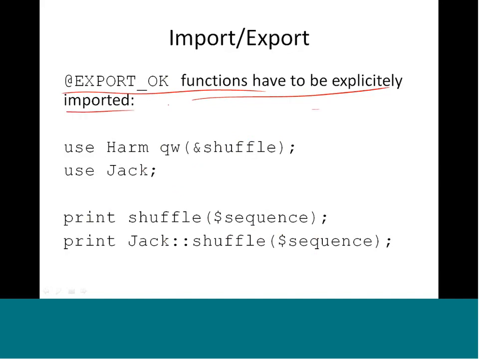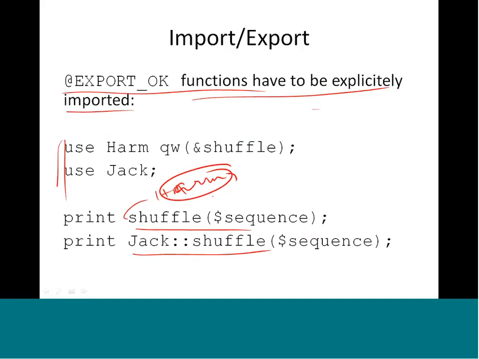So here again we use the same thing, and we say shuffle sequence, and then Jack shuffle sequence. See here that we don't need to specify Harm anymore, the reason is that this is something that is being exported from this function.